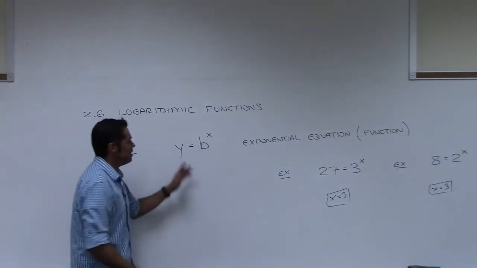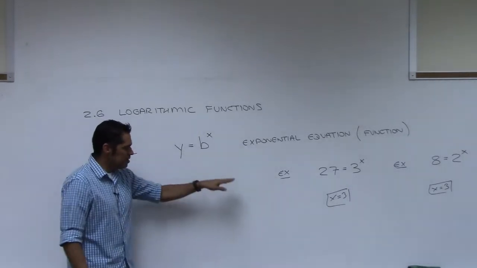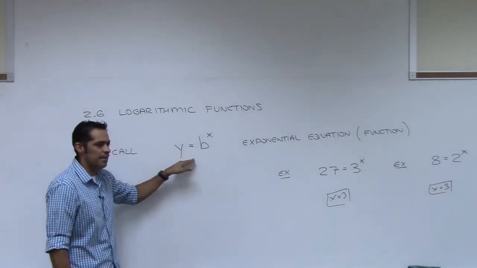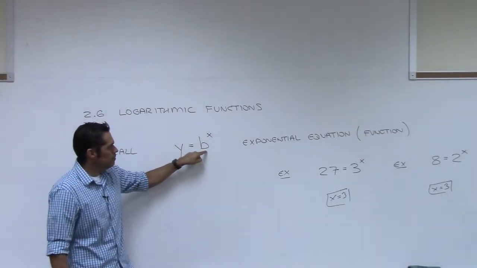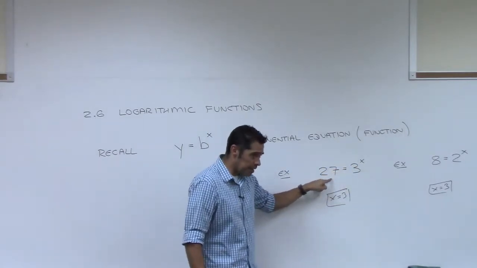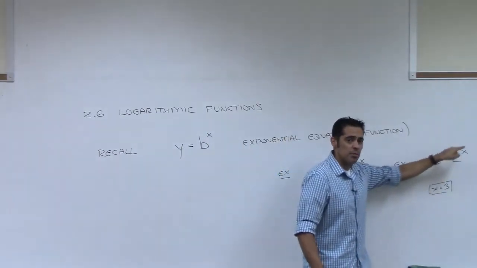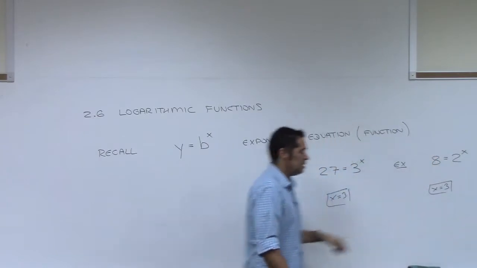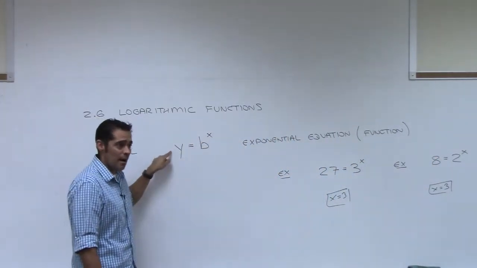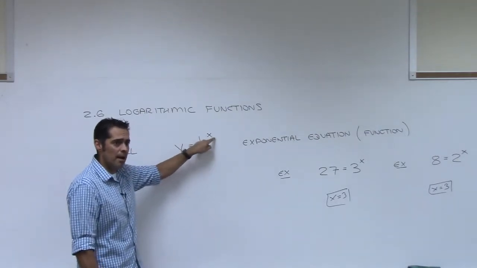So if I'm using the language that I was just using, what is this equation actually saying? 3 raised to what power is 27? 2 raised to what power is 8? b raised to what power is y?